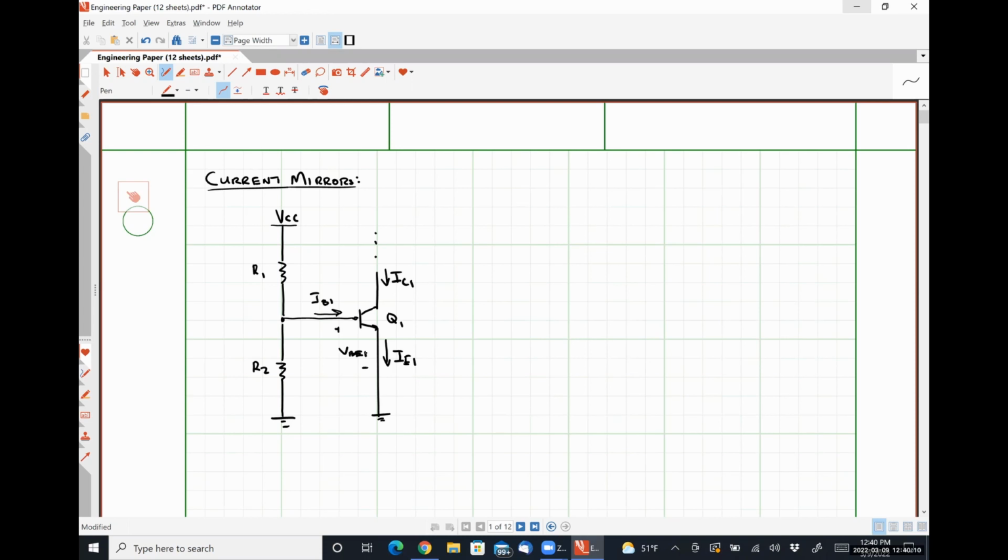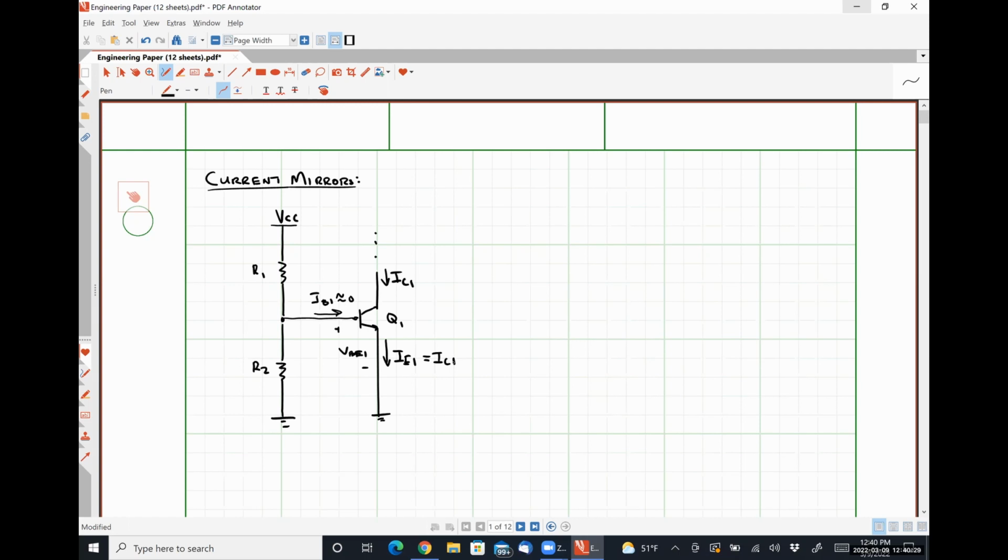To make our life simple, we are going to assume that the base current is small. So if this is approximately 0, then our emitter current is approximately just IC1.